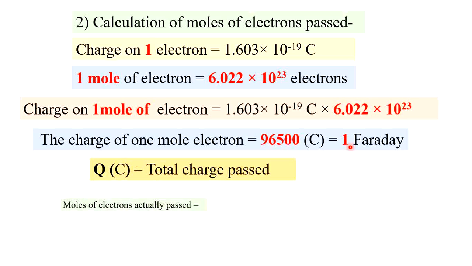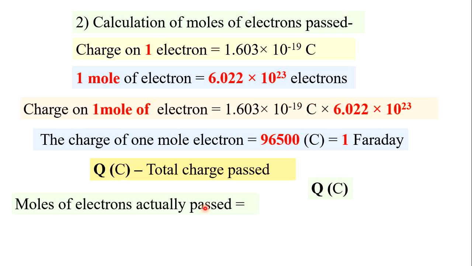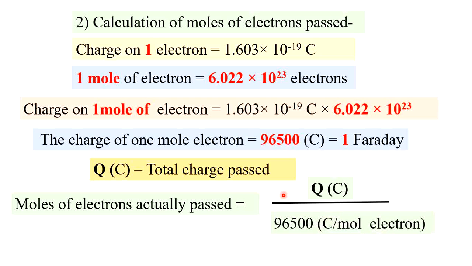Q means the total charge passed through the cell. So the moles of electrons actually passed you can calculate by using the relation: Q, the total charge passed through the cell, divided by the charge for 1 mole of electrons, that is equal to how much?